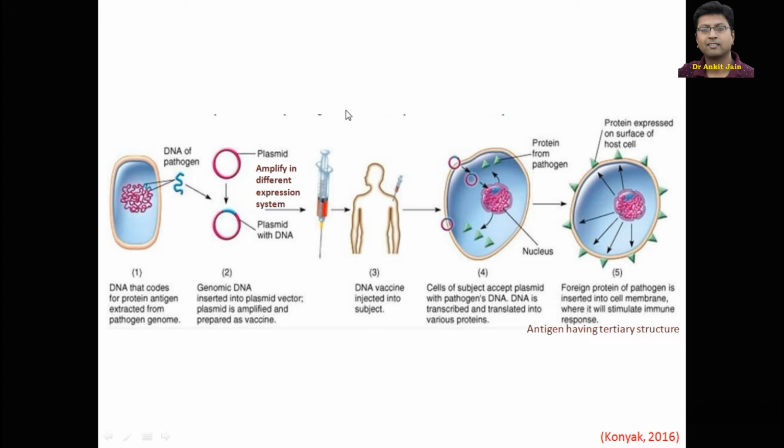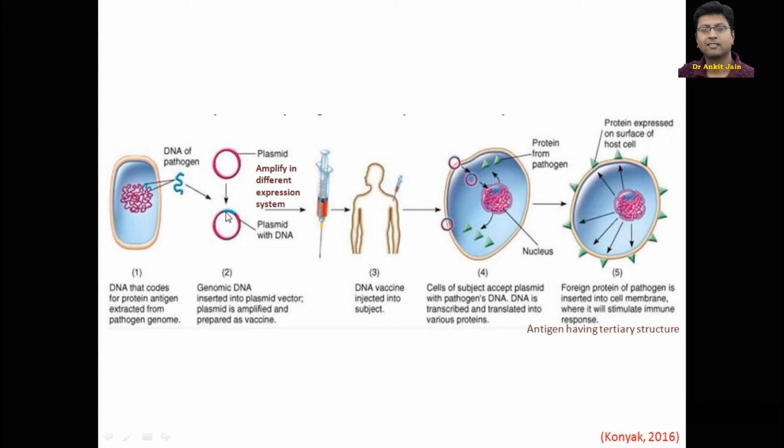The DNA vaccine is prepared from pathogenic bacteria or pathogenic viruses. The particular DNA that is very virulent is removed from the pathogen, and that DNA is introduced into a suitable plasmid vector.